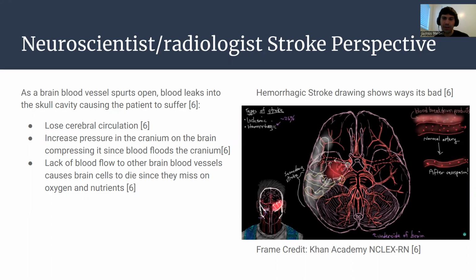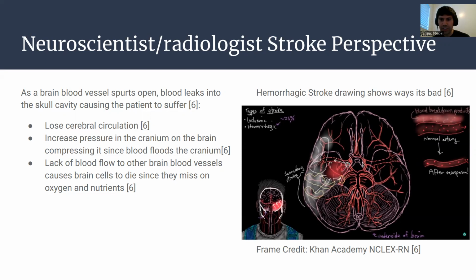So here on the right, we have a hemorrhagic stroke drawing. Again, credits to Khan Academy. Hemorrhagic stroke makes up about 20-25% of cases, and it's more fatal, deadly compared to ischemic stroke.